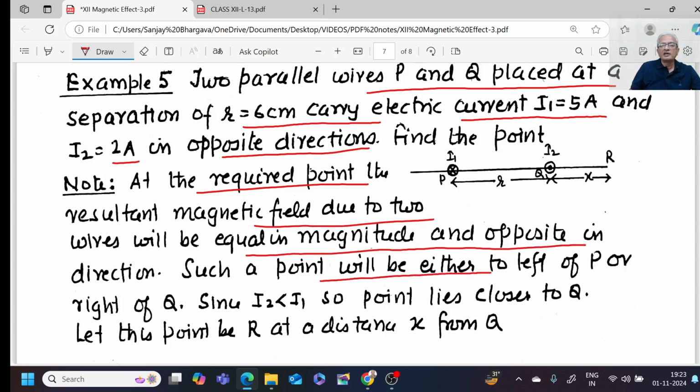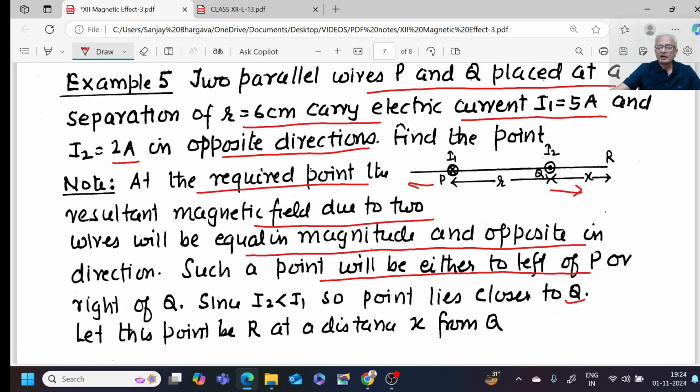Such a point will be either to the left of P or right of Q. Since I2 is less than I1, the point lies closer to the point Q. That is how we select on the basis of the strength of the current.